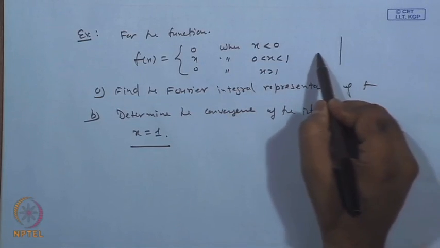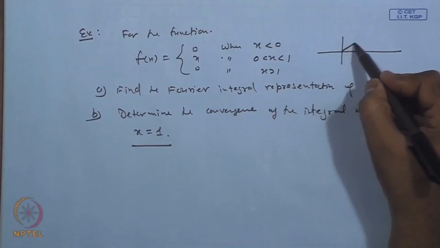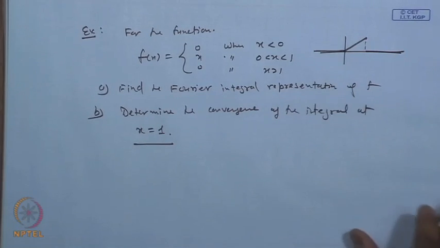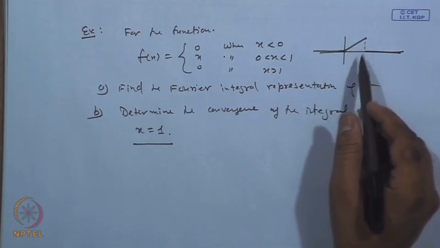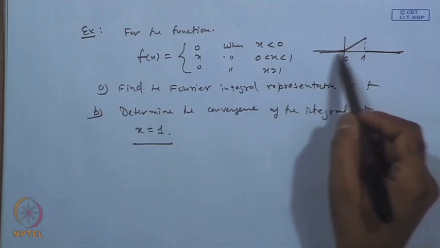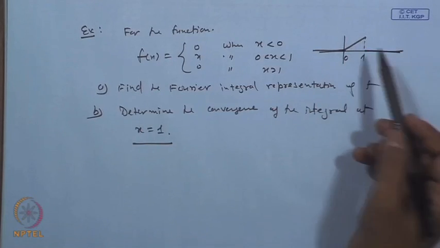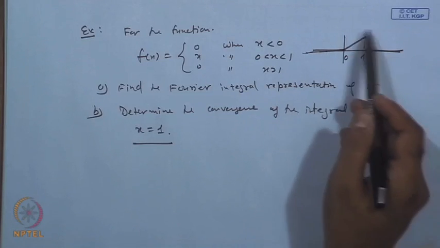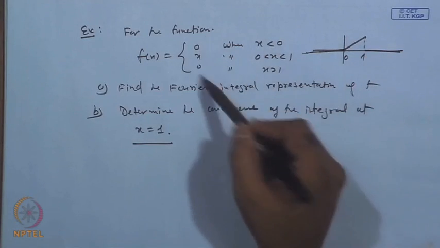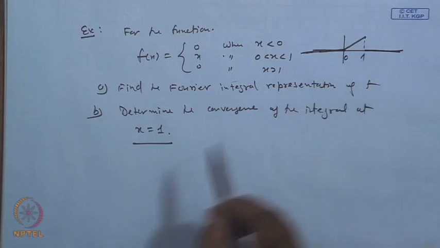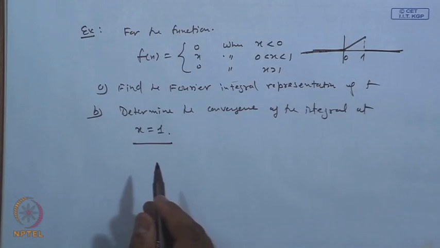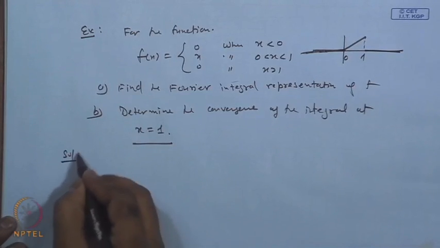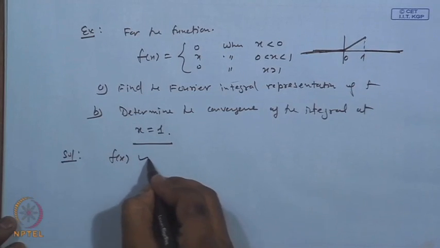In this case the Fourier series representation is not possible, because this function is not periodic, and we cannot make it periodic because the function is given on the whole axis. So, we have the Fourier integral representation.